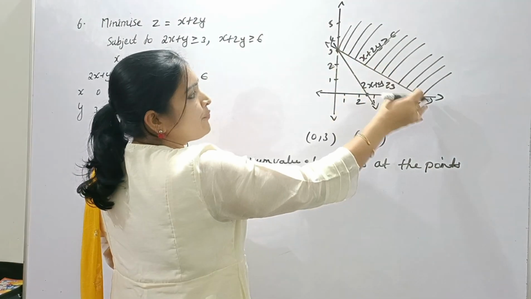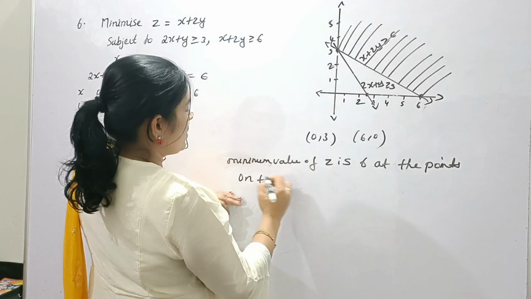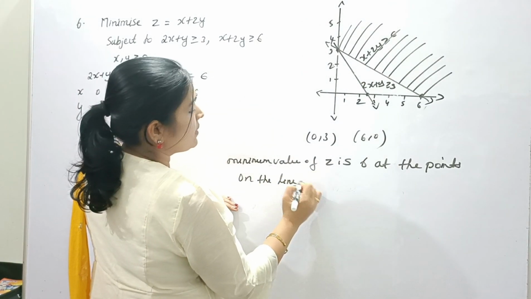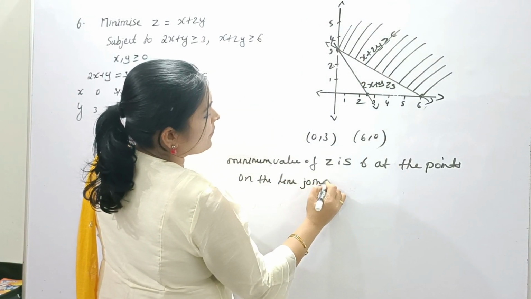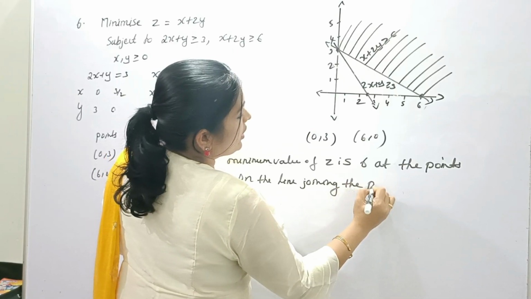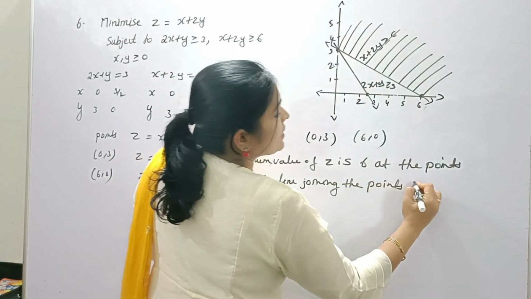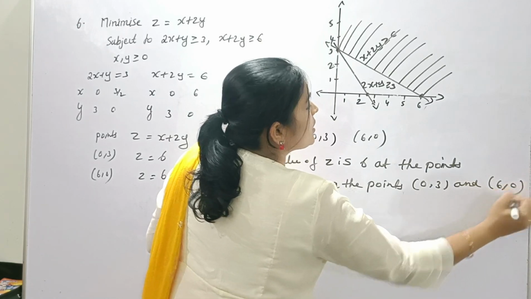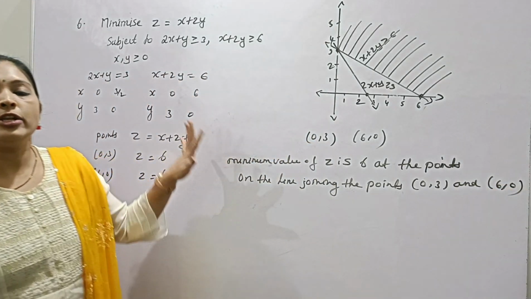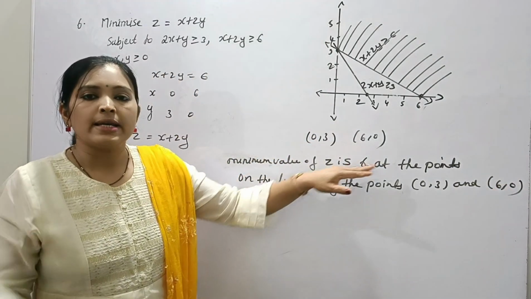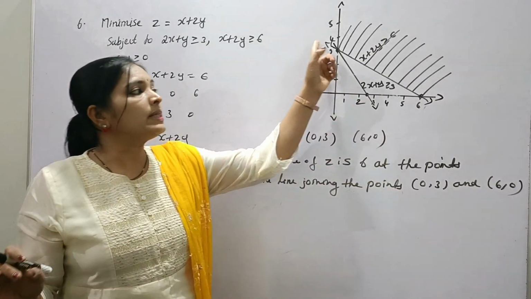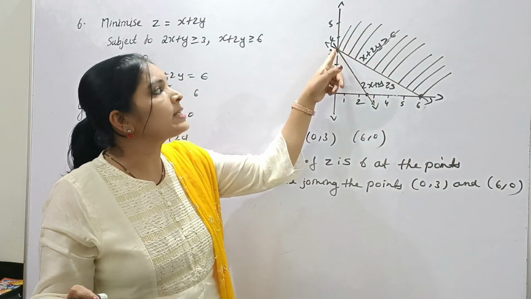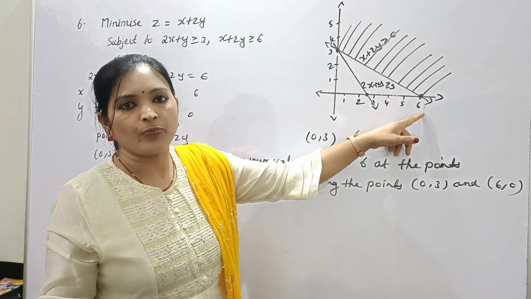See, the point somewhere on this line, okay, on the line joining the points 0, 3 and 6, 0. Okay, so here the minimum value of z is 6 at the points on this line joining the points 0, 3 and 6, 0.